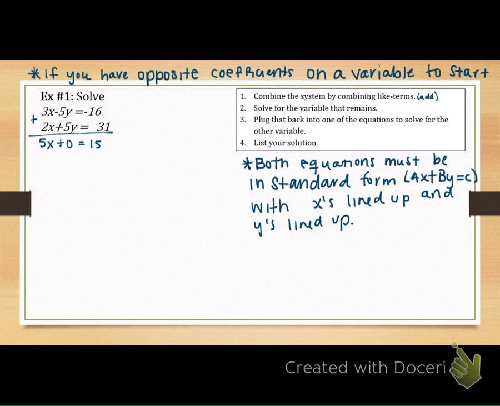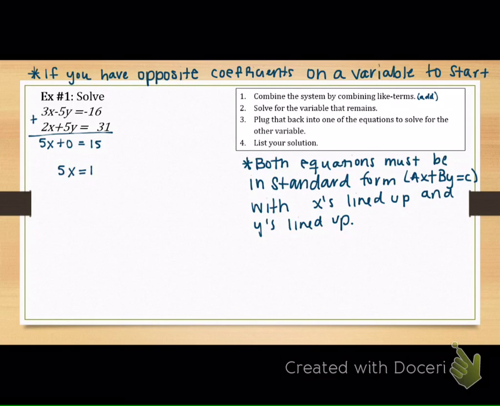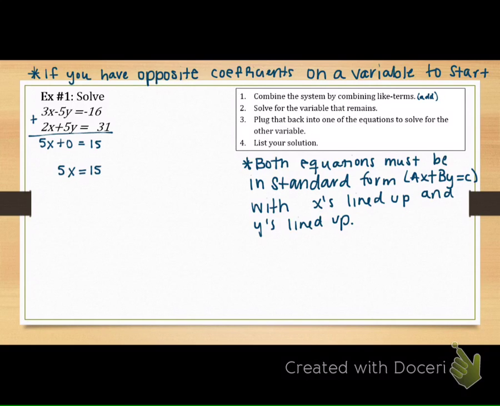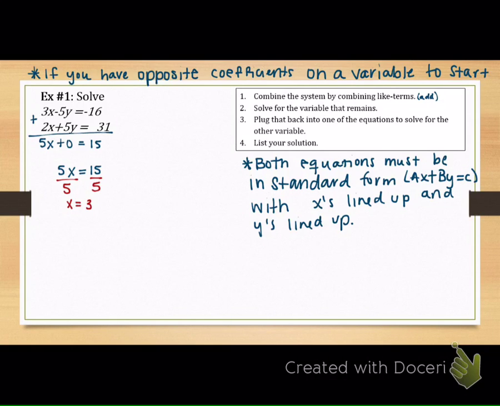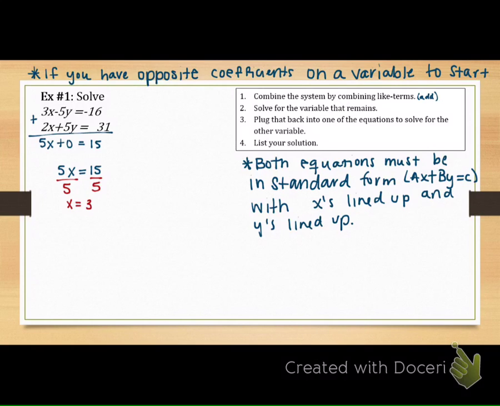So now you're going to solve for the variable that remains. So we have 5x equals 15. So Alex, how would I solve for that? Good. And then plug back into one of the equations to find your other solution.